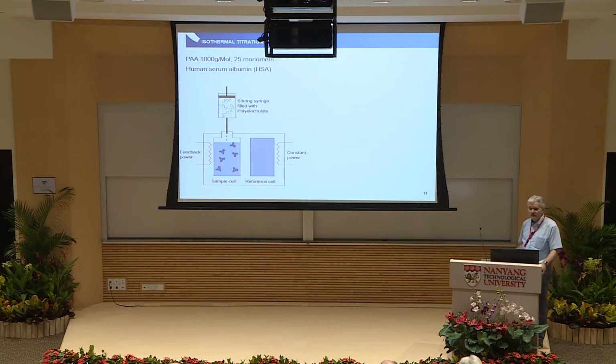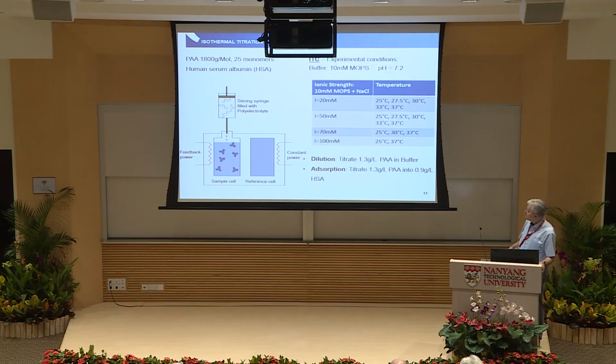Now, my co-worker Xiu did isothermal titration calorimetry. This technique, I guess, is well known to many of you. The protein is already in the sample cell, and then you add the polyelectrolyte. Of course, you have to do lots of experiments because you have, in essence, two variables. First of all, you have the salt concentration.